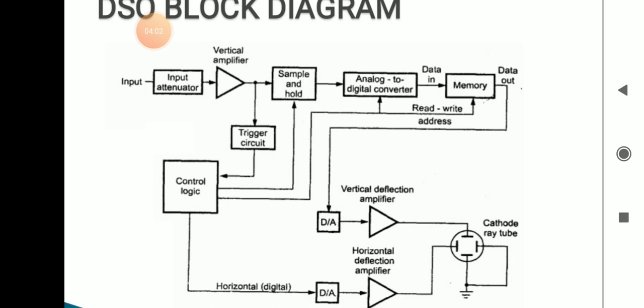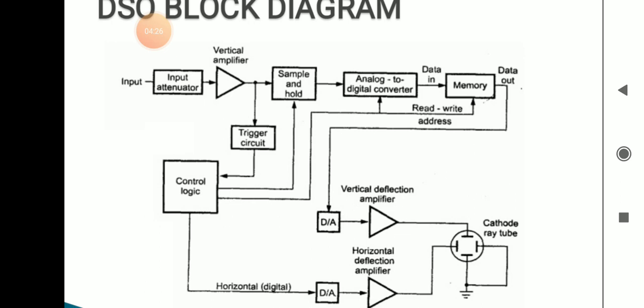This signal is applied to the vertical amplifier. That is the second block. After the input attenuator, we have the vertical amplifier. The output of the vertical amplifier is connected to the analog to digital converter, that is the A to D converter. For that you have a sample and hold circuit.